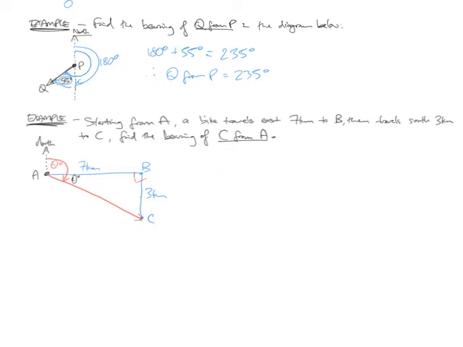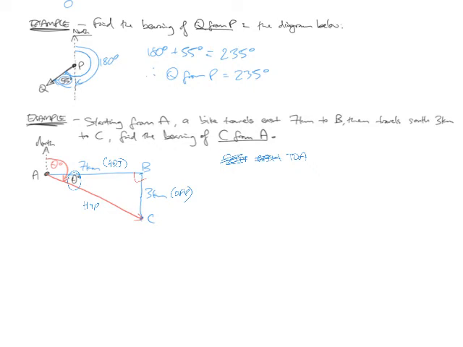Let's use some trig. We know we're going to need to find that angle there. So this is the adjacent. This is the opposite. We don't know the hypotenuse, and it doesn't matter. We don't care about the distance from A to C. We're worried about the angle. So SOH CAH TOA. Which of these ratios involves the opposite and the adjacent?